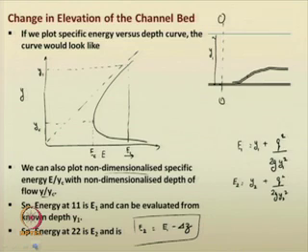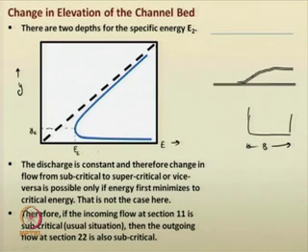Based on those things, now if you plot that, at the upstream section, for E1 and the corresponding depth y1, let us assume that the flow is subcritical at the upstream section and the corresponding specific energy is E1.